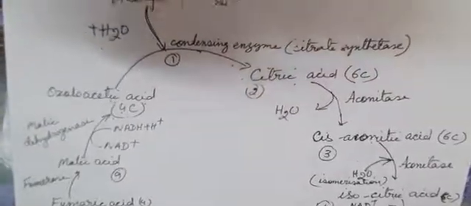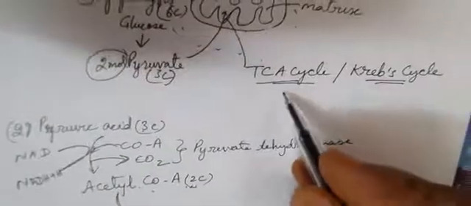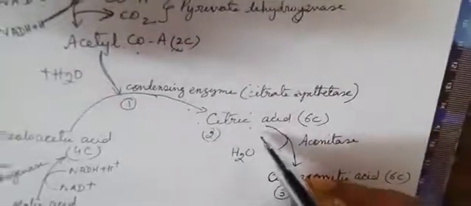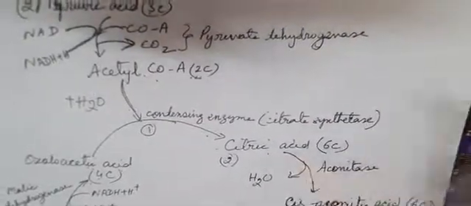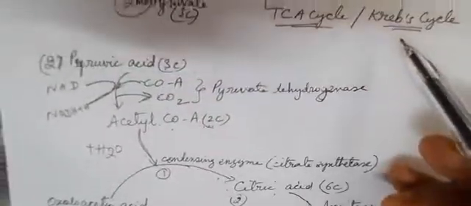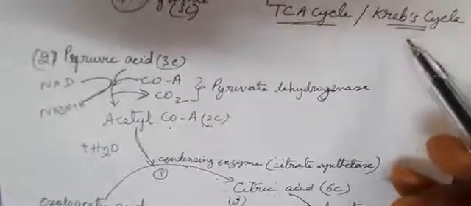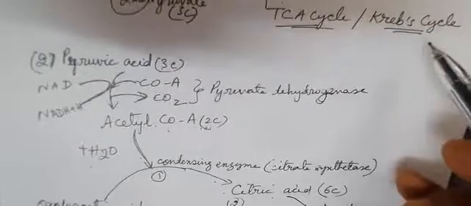Now this is called the TCA cycle because the 6-carbon compound is citric acid. TCA means tricarboxylic acid cycle. So that is the citric acid cycle. Then because Hans Krebs discovered it, it is called the Krebs cycle.